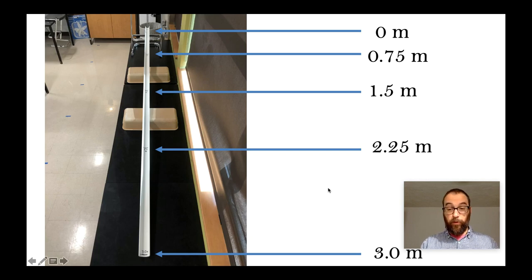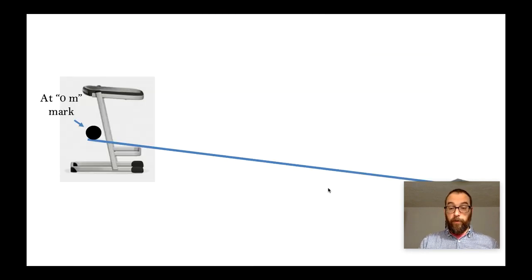All right? And you will do it like this. One of you will be in charge of releasing the ball at 0 meters and letting it roll down the ramp. Two of you will be timing. If you got 4 people in your group, your 4th person is responsible for not letting the ball bearing escape into the classroom when it gets to the bottom of the ramp, and you can take turns with the roller doing that.